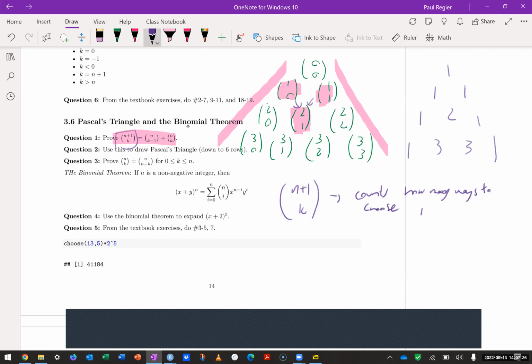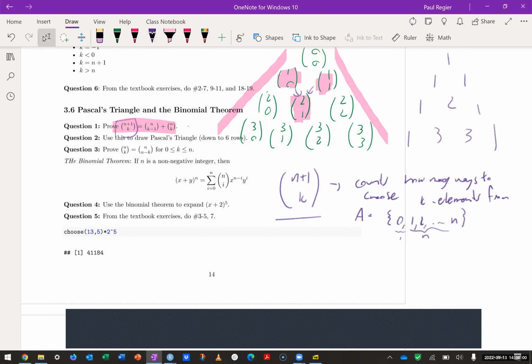I'm going to make a set A have n+1 elements. So it's 0, 1, 2, up to n. Notice there's n elements here, so I add 0. That's n+1. So n+1 choose k is how many k element subsets I can make out of A. Okay, so that's what that is.